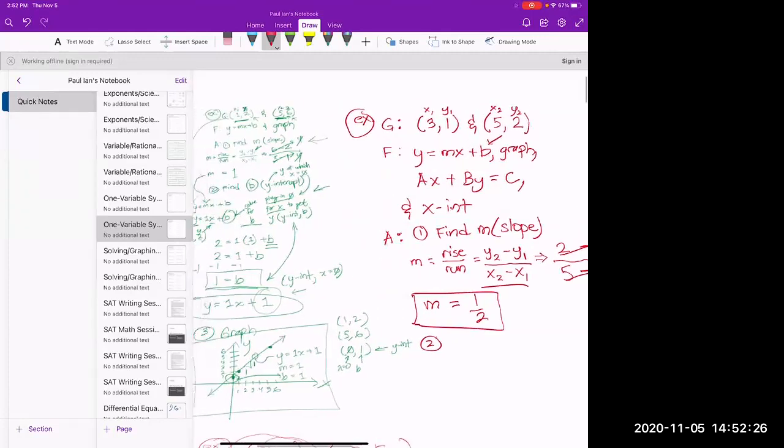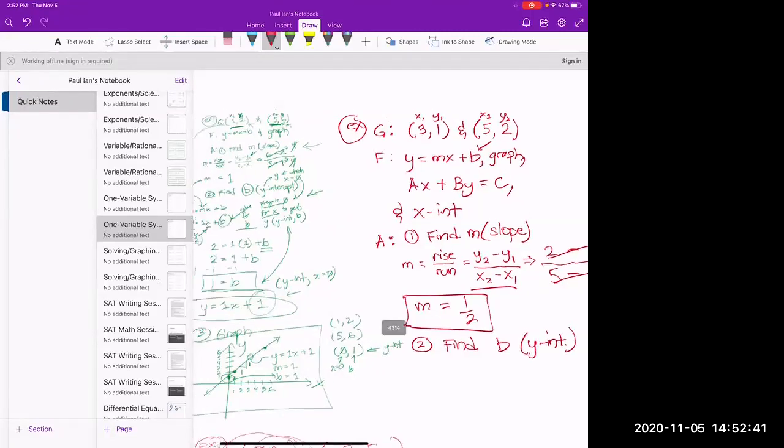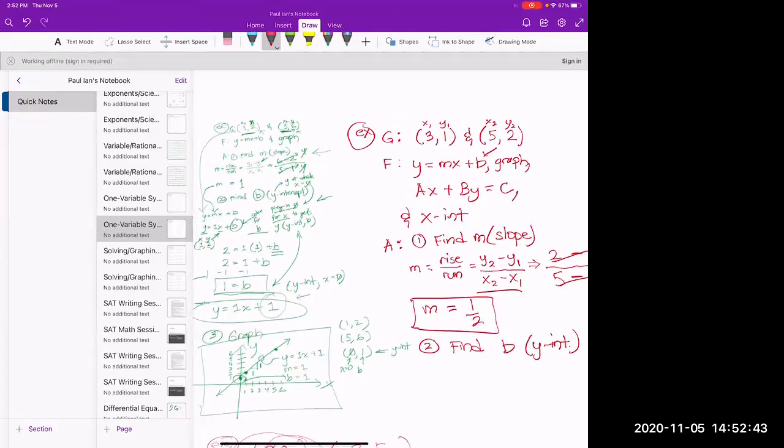The next thing is find the y-intercept, or b. B is the y-intercept in the slope-intercept form. So this is your y-intercept. So how do you find your y-intercept? We talked about this.